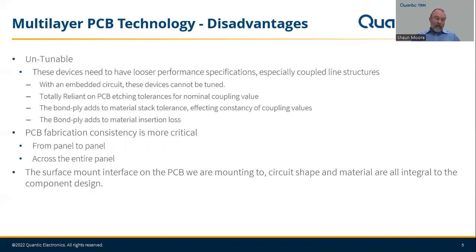A lot of customers really try to push passive microwave components to teeter on what is physically possible, just for general physics. In which case, a lot of these subtle manufacturing tolerances cause parts to actually go out of spec. So with a multi-layer PCB technology, you have to take that into account, which usually means that you have to loosen the spec up a little bit to make sure that you have good yields.